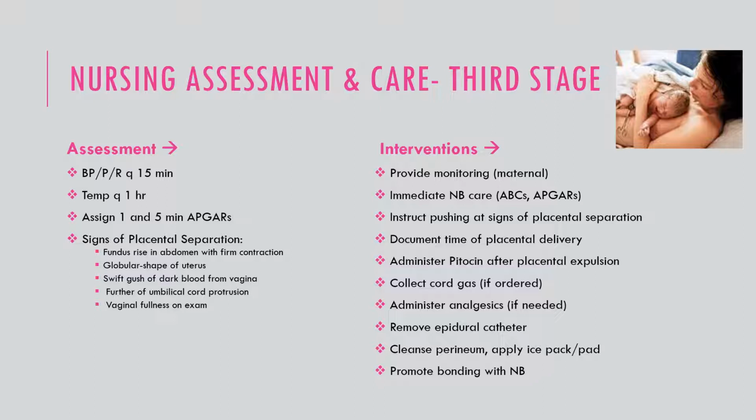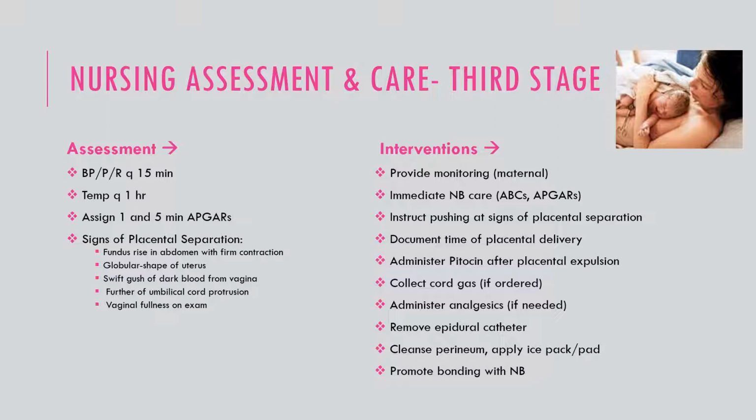The nurse also will start Pitocin after the placenta is expelled, and we know that Pitocin increases the contractility of the uterus. So we deliver a Pitocin bolus after delivery of the placenta to keep the uterus contracted to prevent postpartum hemorrhage.